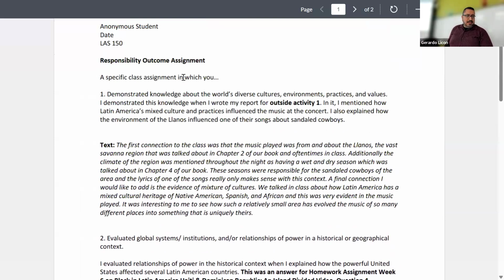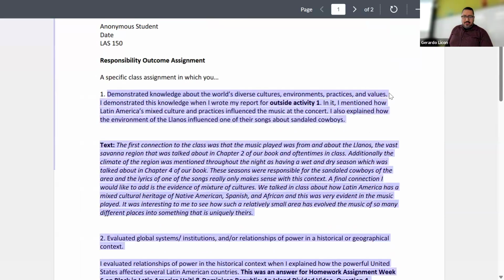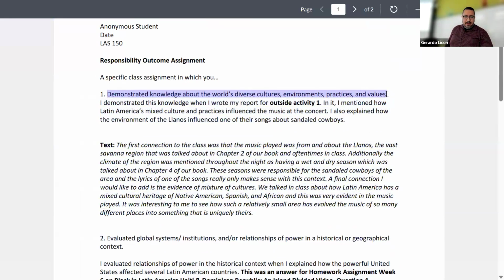You identify a specific assignment in which you had an experience. And so here, let's see. Demonstrated knowledge about the world's diverse cultures, environments, practices, and values. So that's what they were asked to identify. Then the student wrote, I demonstrated this knowledge when I wrote my report for outside activity number 1.